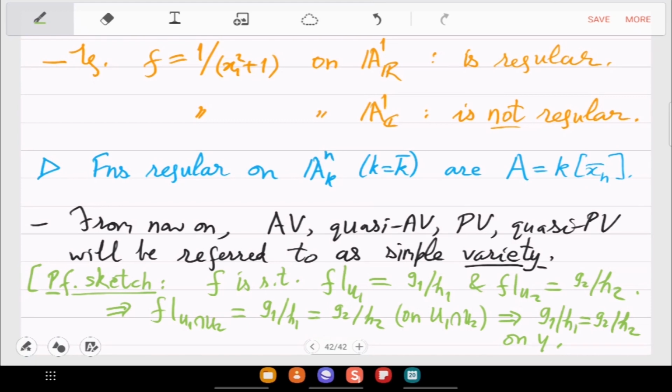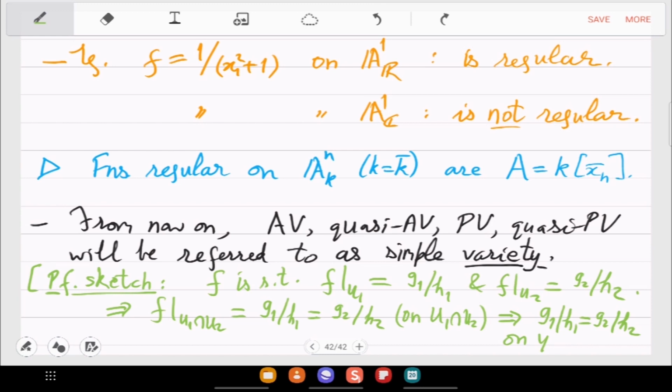So if you have an equality of fractions or rational functions on an open set, you can deduce that they are equal almost in the polynomial ring. So now you have a single g by h representation. And then this h will have some 0 somewhere, and that will be a contradiction.